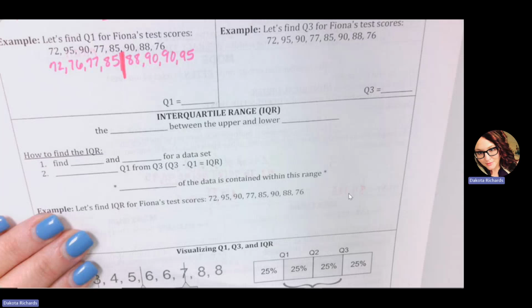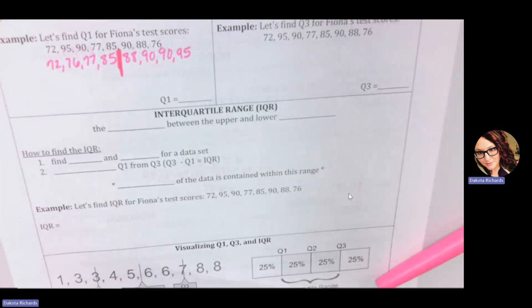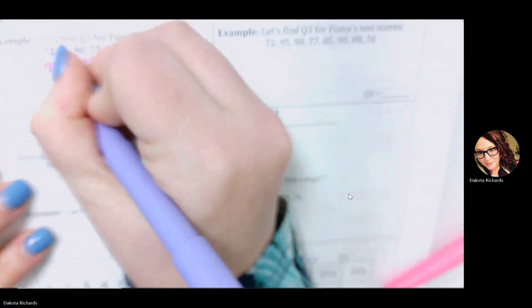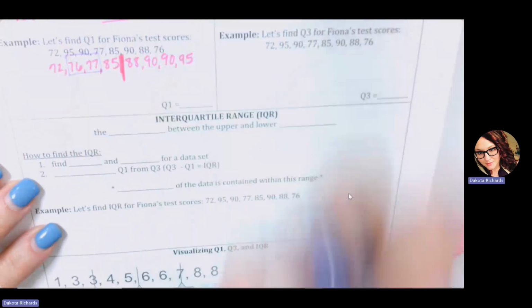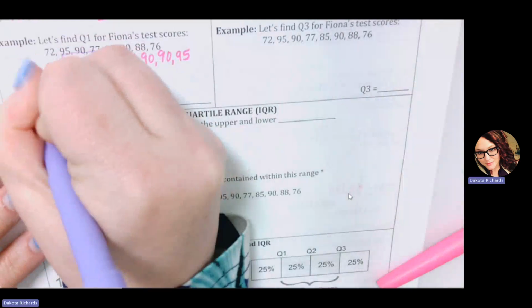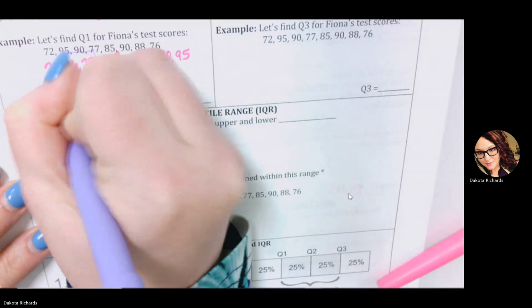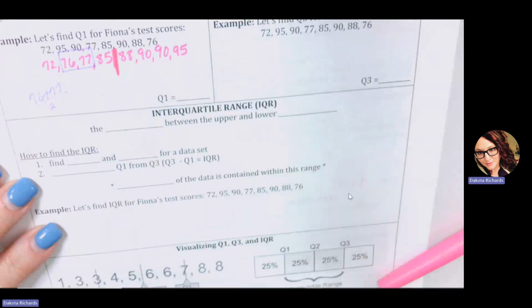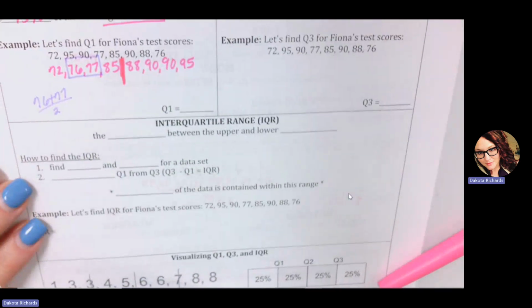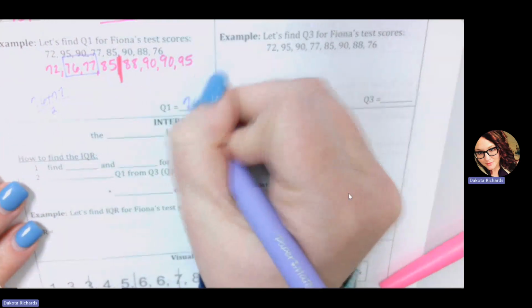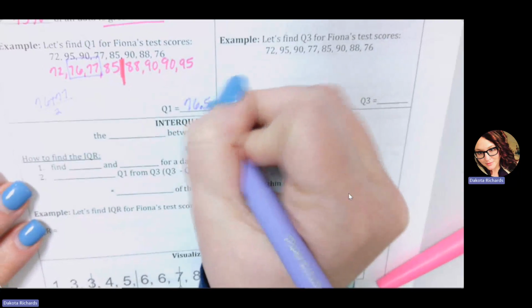So to find the median of the lower half, you are going to take the middle of the lower half, 76 and 77. We're going to add those and then divide by 2. That is your Q1. So our Q1 is going to be 76.5.